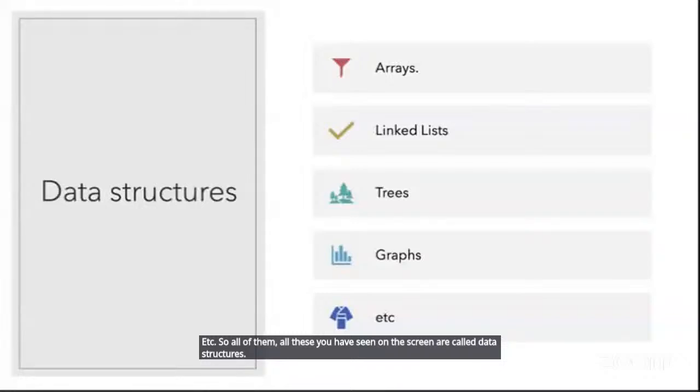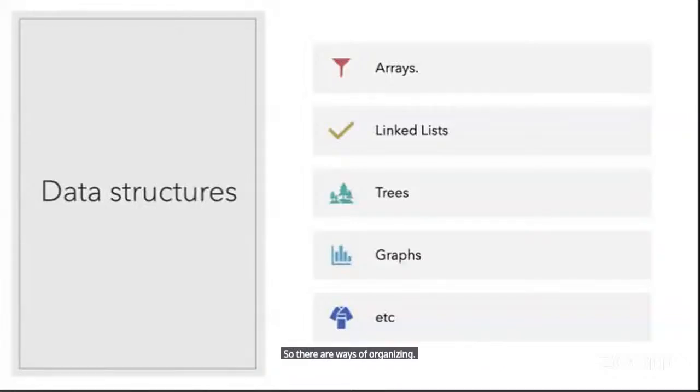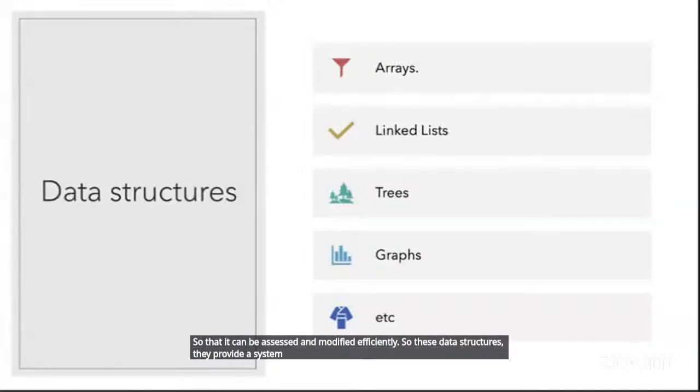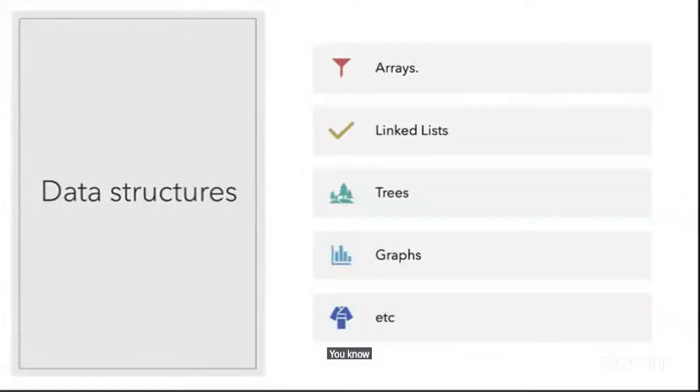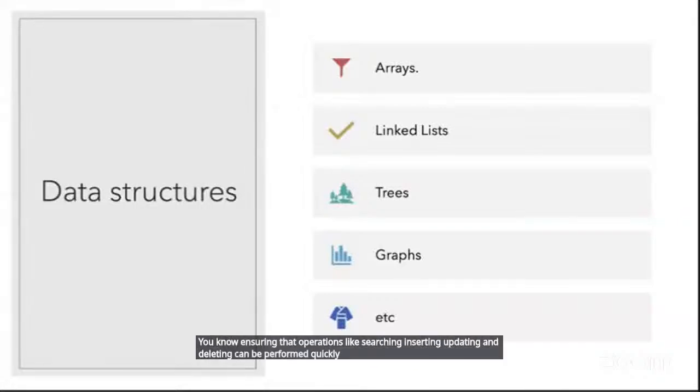So they are ways of organizing and storing data in the computer so that it can be accessed and modified efficiently. So these data structures provide a systematic way to manage and process data for various applications, ensuring that operations like searching, inserting, updating, and deleting can be performed quickly. That's the good thing with data structures.